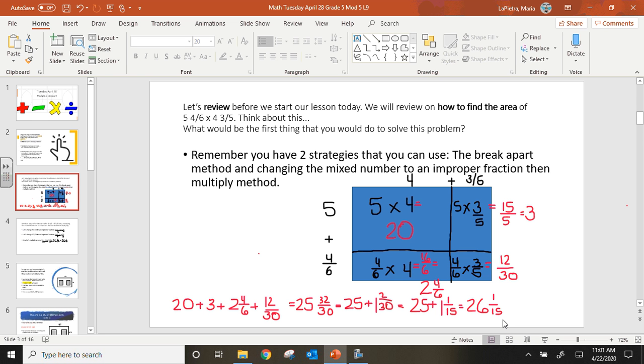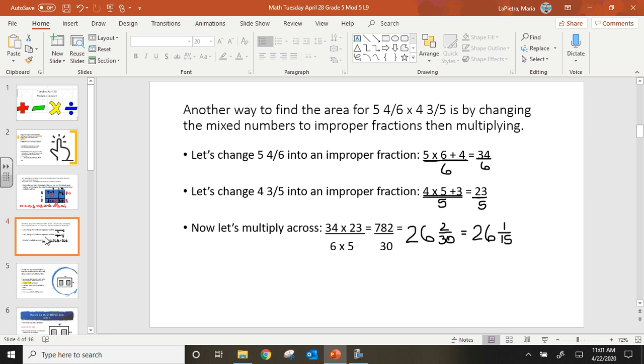If you choose to do the other way, that is also fine. Which brings me to that other way. Another way to find this is by changing the mixed numbers to improper fractions, then multiplying. So let's change 5 and 4/6 into 34 over 6. 5 times 6 plus 4 is 34, over the denominator you started with, which was 6. Let's change 4 and 3/5 into an improper fraction now. 4 times 5 plus 3 is 23 over 5.